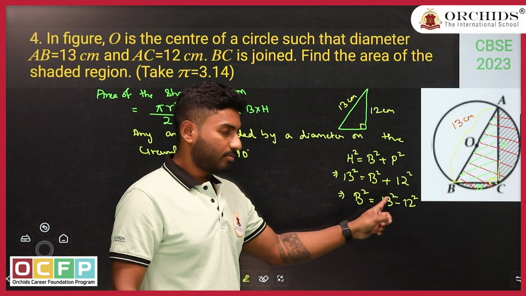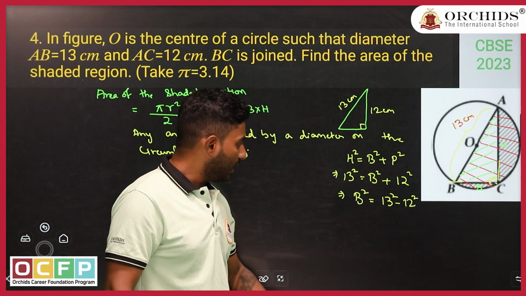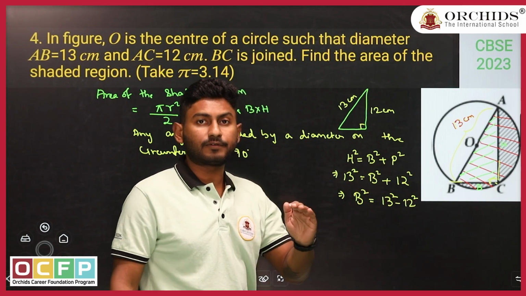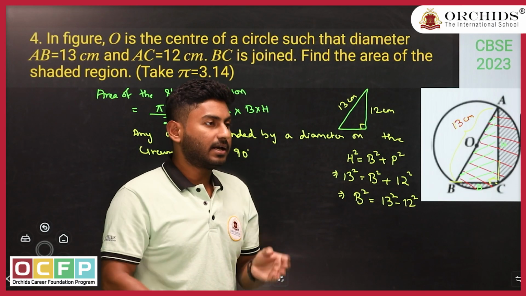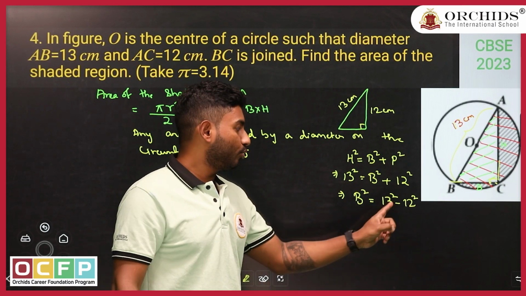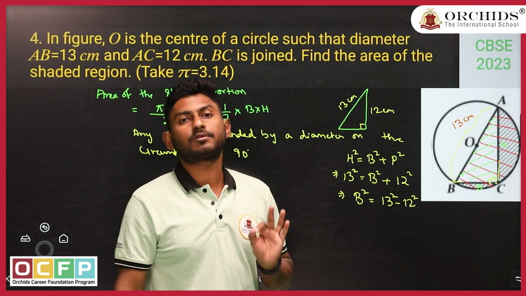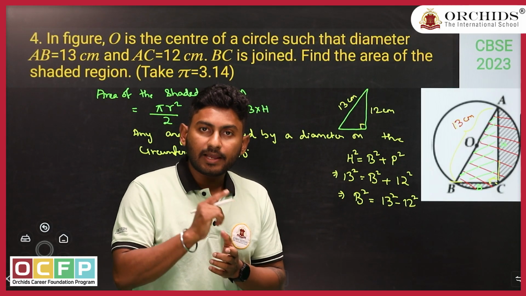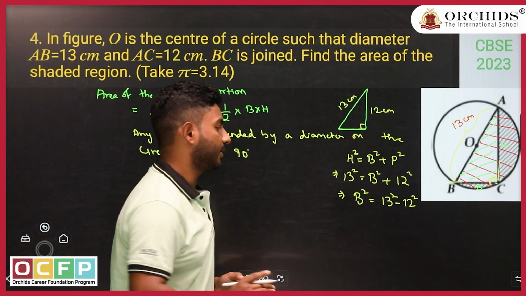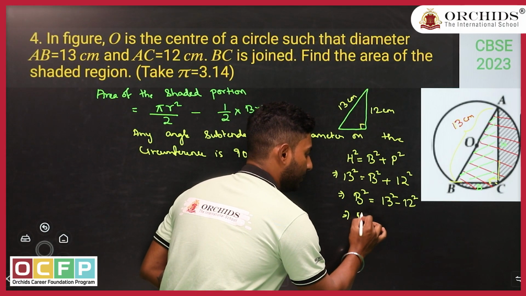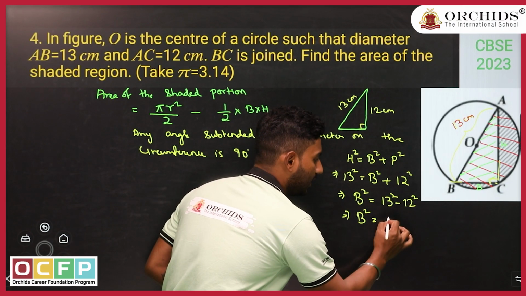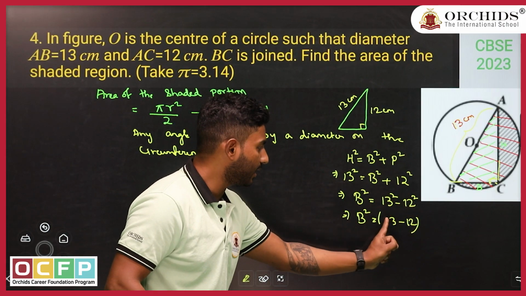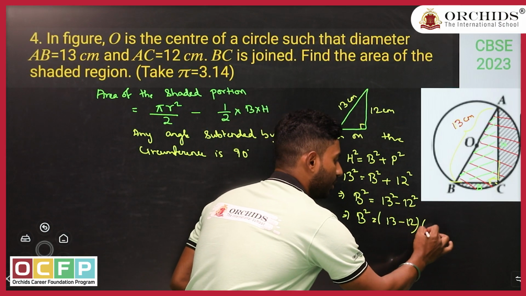Now, many students will find the value of 13 square, find the value of 12 square, and subtract. But if we are smart enough, we will just use the a square minus b square formula. What does it say? A square minus b square is a plus b into a minus b. Fine. So b square will be equal to 13 minus 12, a square minus b square, a minus b into a plus b.